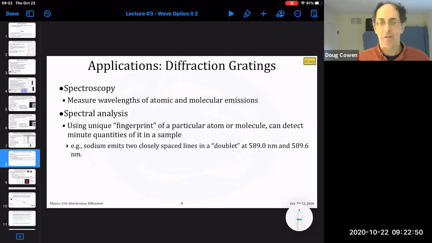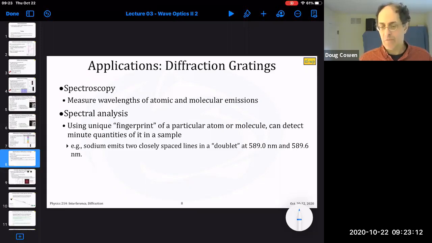So just as a random example, sodium emits two really closely spaced lines, makes two fringes that are very close together at 589 and 589.6 nanometers. Now, if you tried to see those by eye, it'd be hopeless.